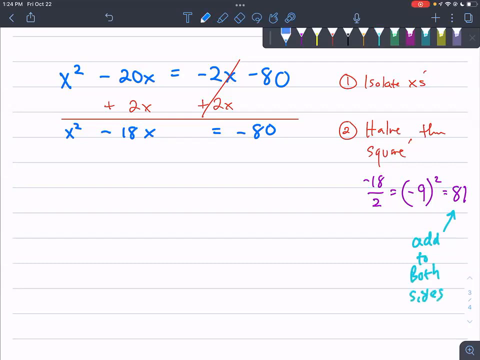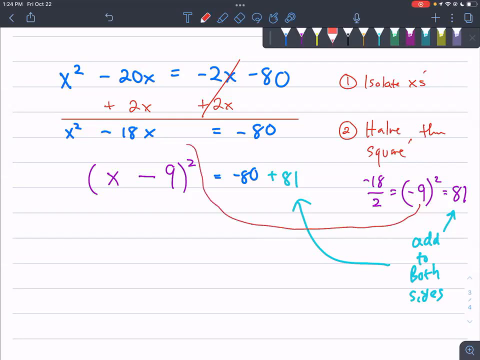So I'm just gonna do the right for now though. Negative 80 plus 81. And if you remember how we did it on the last one, it was gonna be x minus, you guys remember this? 9. This half number, and we could do it in between where we do x squared minus 18x plus 81 and then factor that.